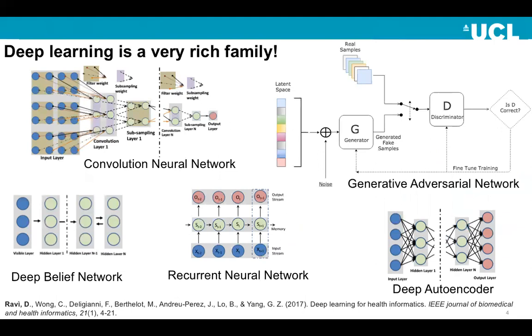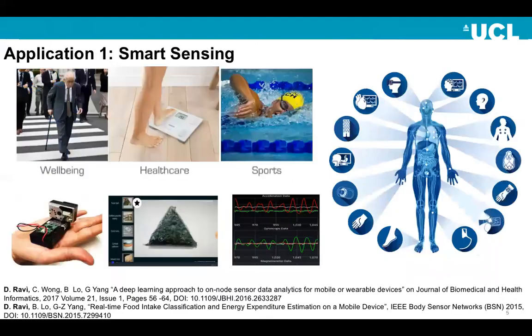If you want to solve unsupervised applications, for example, for generating synthetic images, you may use a generative adversarial network. If you are interested in modeling sequential data, you may use a recurrent neural network. If you want to compress the data into a small representation, you may use a deep autoencoder. And if you want to learn the relation between statistical variables, you may use a deep belief network.